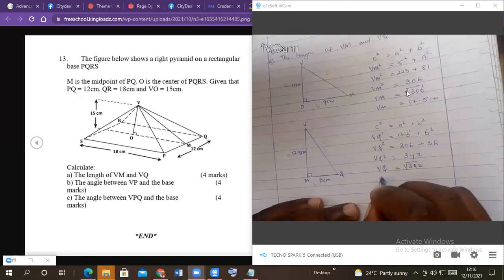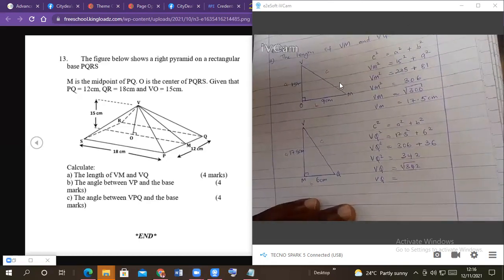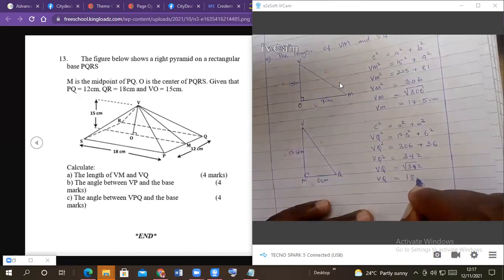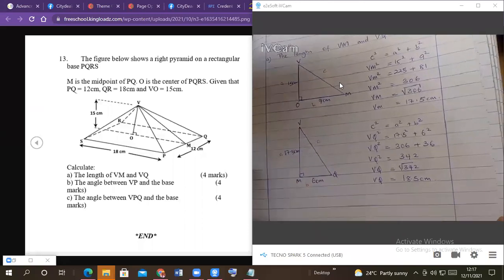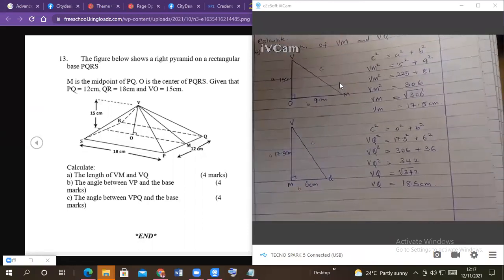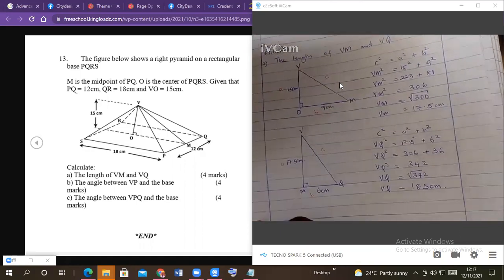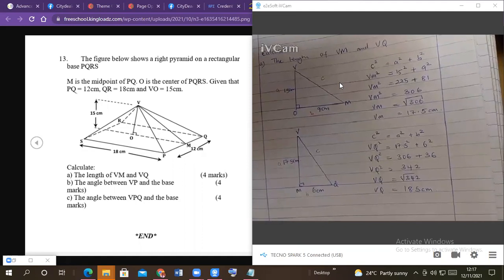If I find the square root, I get 18.5 centimeters. So that will be our correct answer if we are to find the value of VQ. That will be the most correct answer of VQ.